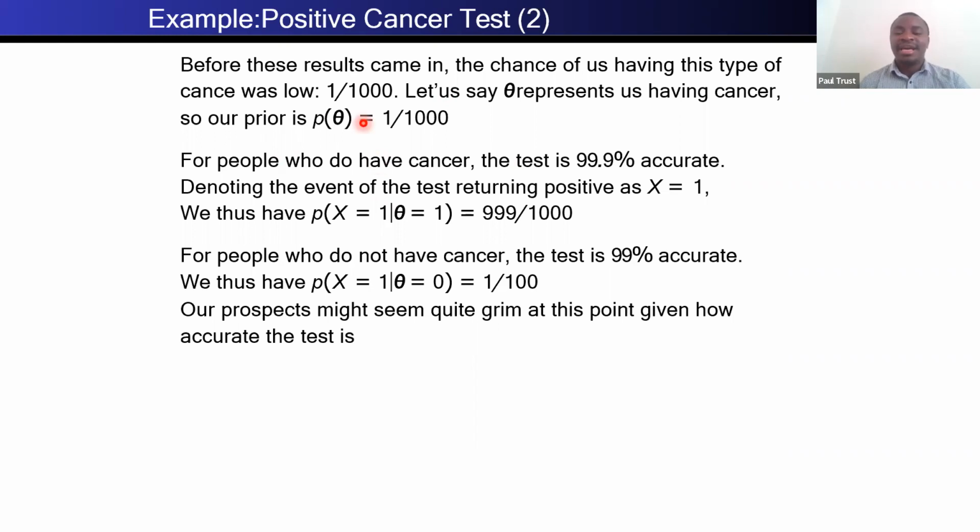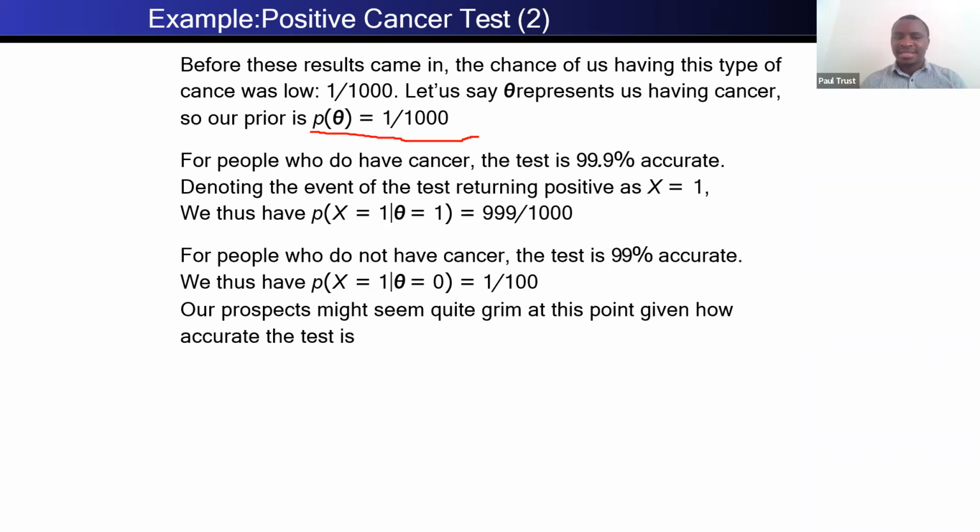This is what you may think of as prior information. In the village, country, continent, or world where you live, 1 in 1,000 people have cancer. So before you even went to the hospital, the chance that you had cancer was 1 in 1,000.